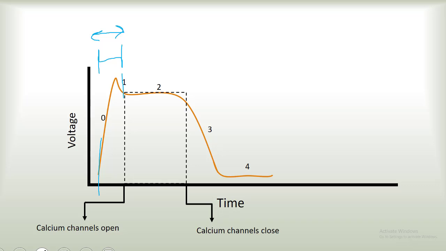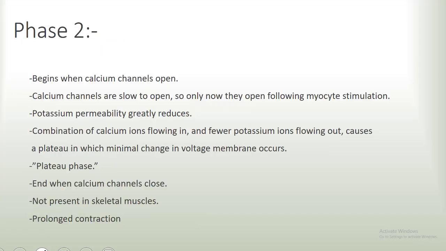And this balance of calcium positive ions entering the cell and the reduction in the number of potassium ions that are positive leaving the cell will result in this plateau phase, where the membrane almost remains unchanged for a brief period of time. It begins when the calcium channels open. They're slow to open. They do not open immediately right after the cell gets stimulated. There's a slight delay.